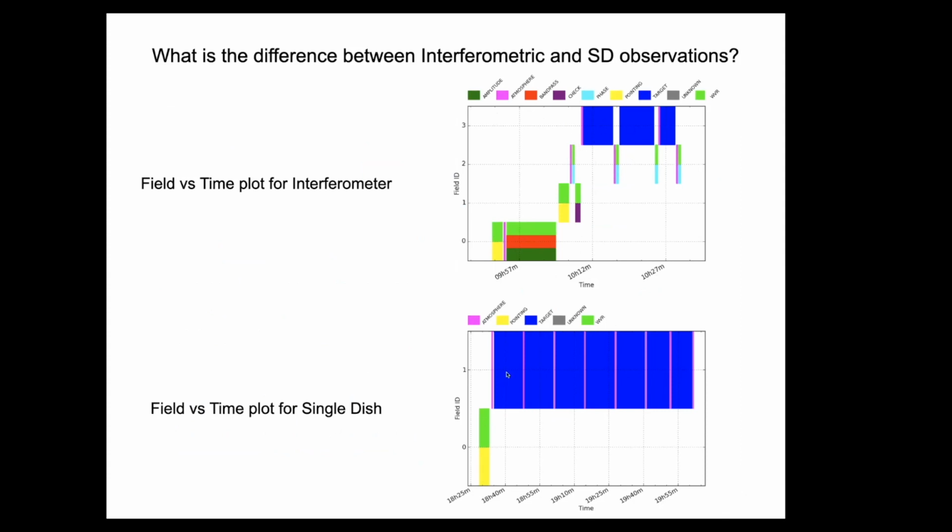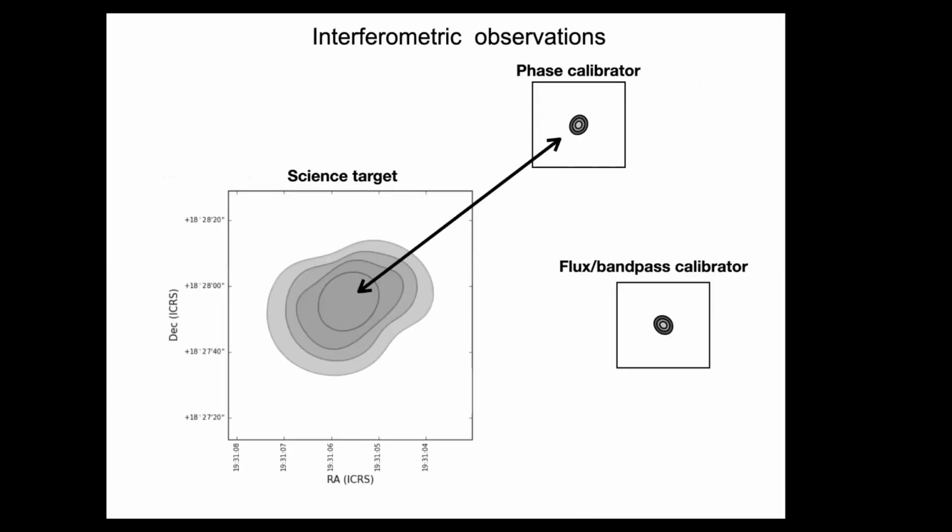Whilst for the single dish, the observations are all the time on the source, interleaved with this off position. In a more pictorial way, I show here, for example, one has the science target and the calibrators. The flux and bandpass calibrators one observes one time, and then afterwards one moves from the phase calibrator to the science target, phase calibrator, science target, and so on and so forth.